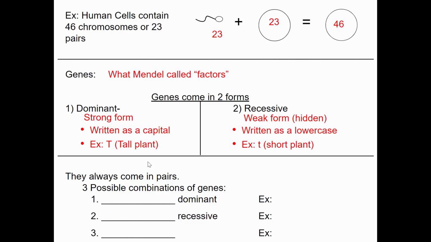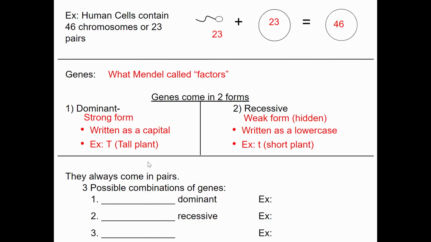So if we are talking about a pea plant, it gets two genes for its height, one from each parent. There's three possible combinations you could have of genes. What are the combinations that you could possibly get? Well, we're talking about T's now.